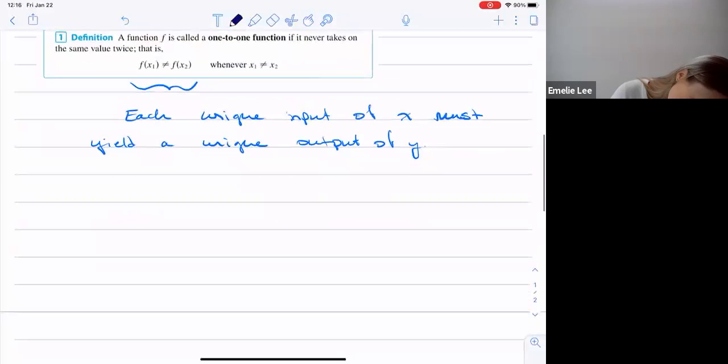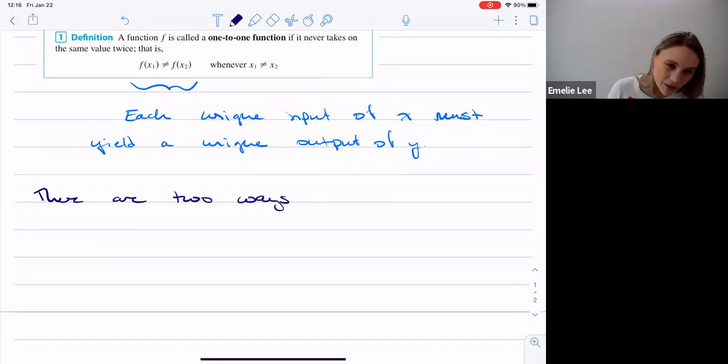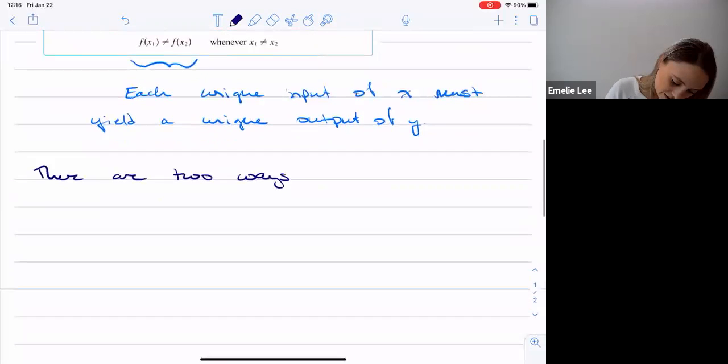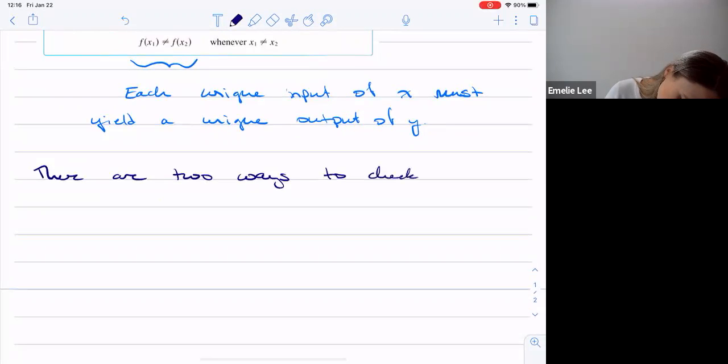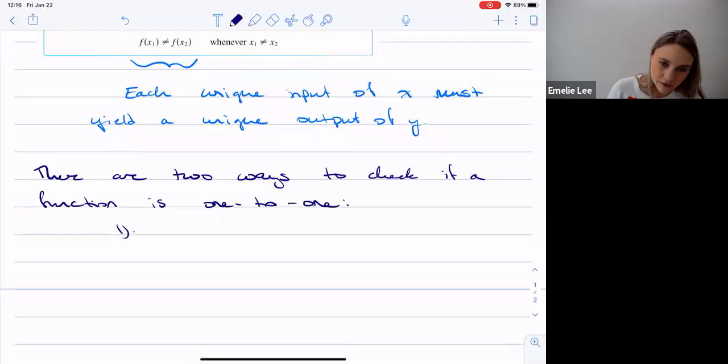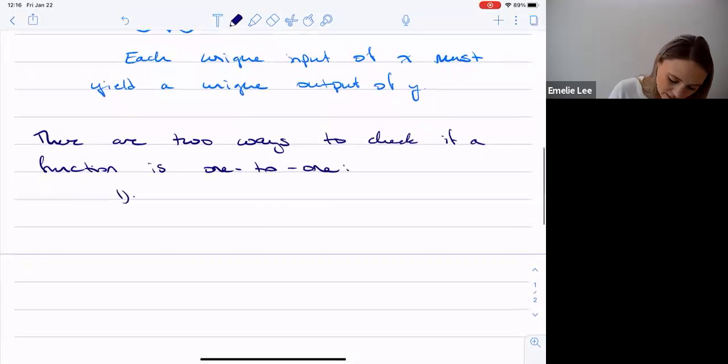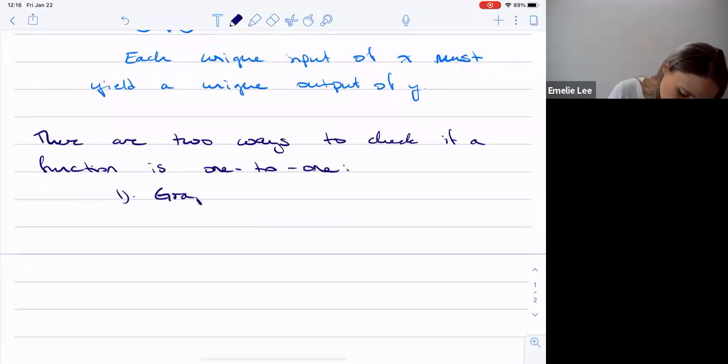So there are 2 common ways to check if a function is 1-to-1. The first one is graphically, so you use the graph.